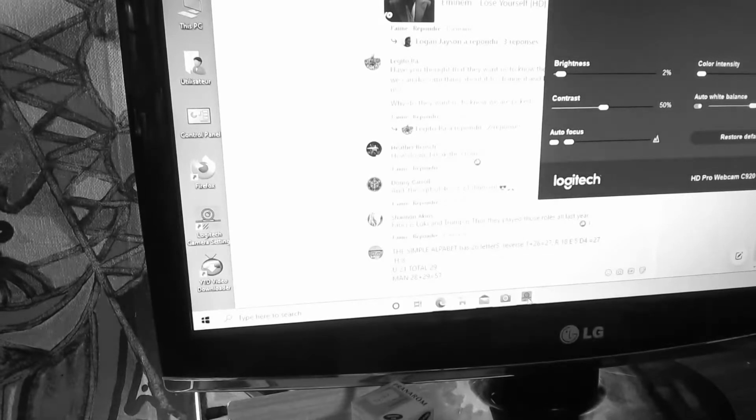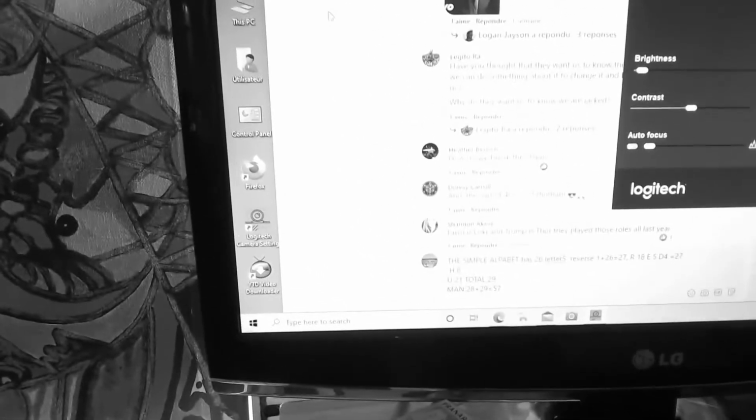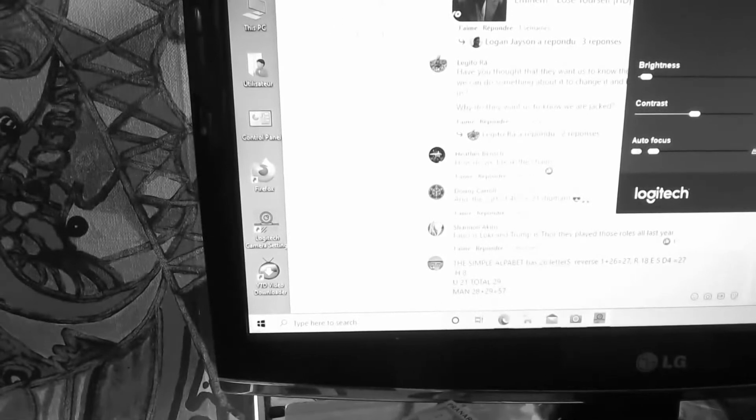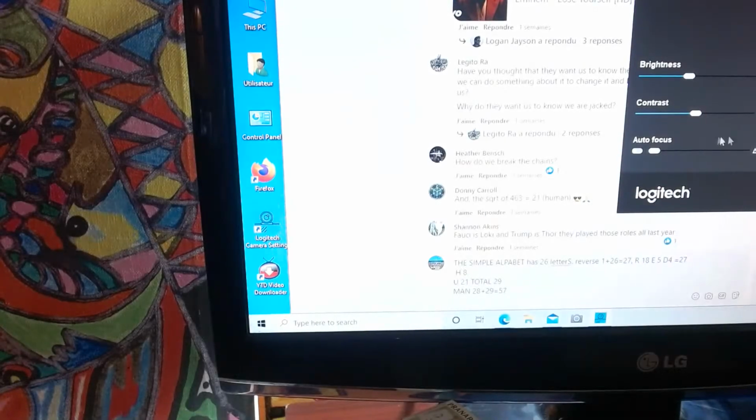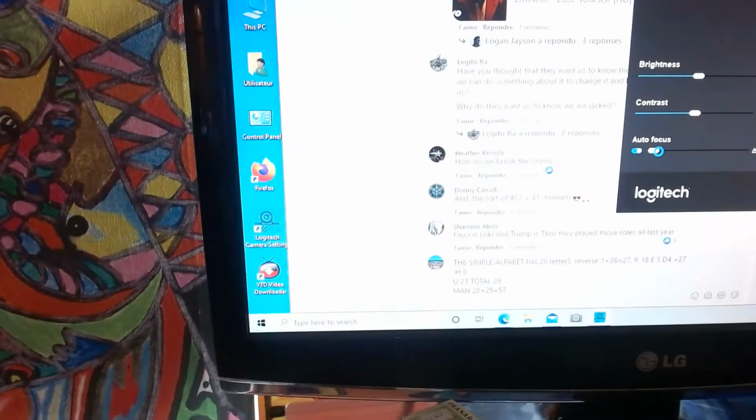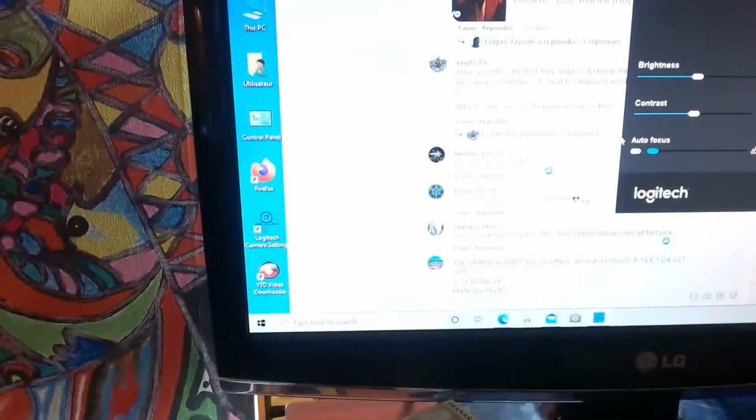Just give me a second to fix the light, because this light is horrible. Wow, I cannot focus. Hold on a second. I'm having a little bit of trouble with the focus. Okay, that's good.